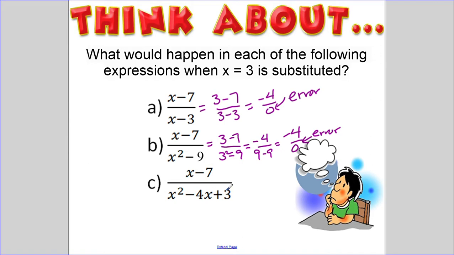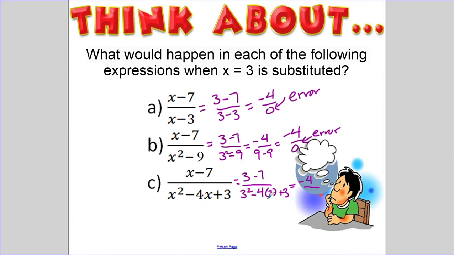And as you probably guessed, if you try the last one, I've got the same problem where I have 3 minus 7 over 3 squared minus 4 times 3 plus 3. That's going to give me negative 4 over, and again, 3 squared is 9, minus 12, plus 3 more is 12.